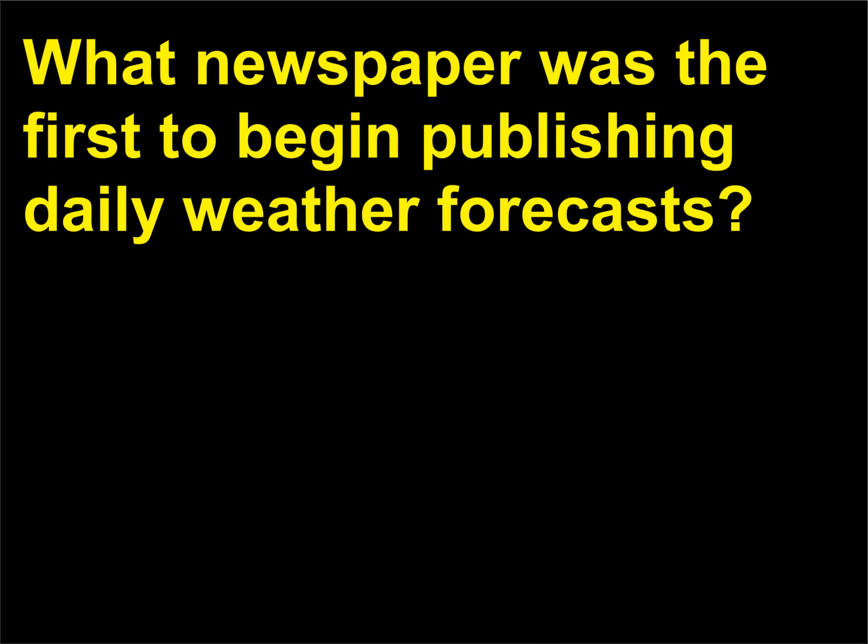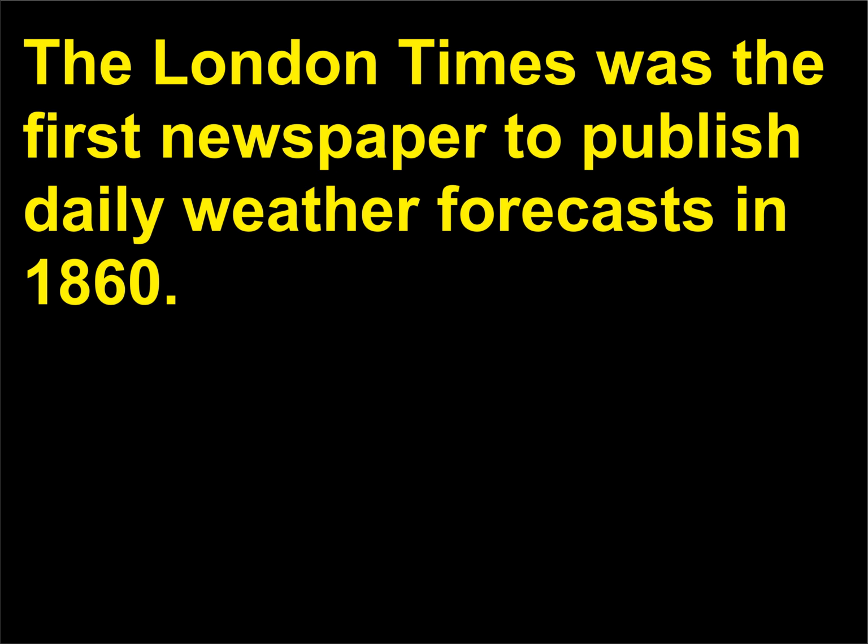What newspaper was the first to begin publishing daily weather forecasts? The London Times was the first newspaper to publish daily weather forecasts in 1860.